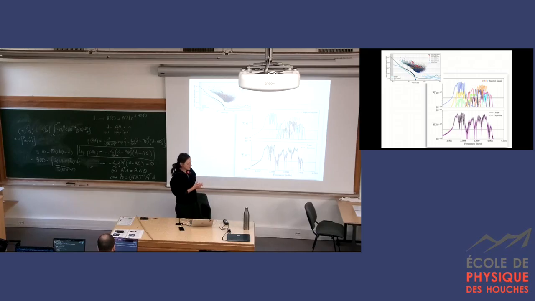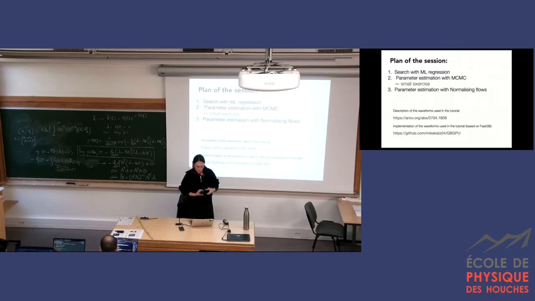But in these tutorials, we will try to do just one galactic binary, because otherwise, it will be a bit excessive. But we will try to do things a bit different compared to what Kantan did. So we will do part using MCMC parameter estimation in a similar way that Kantan has done for massive black hole binary.